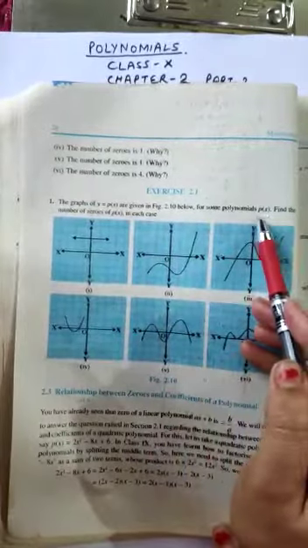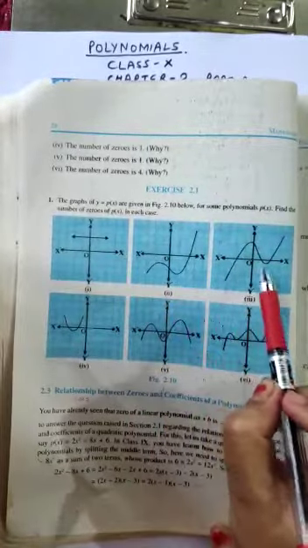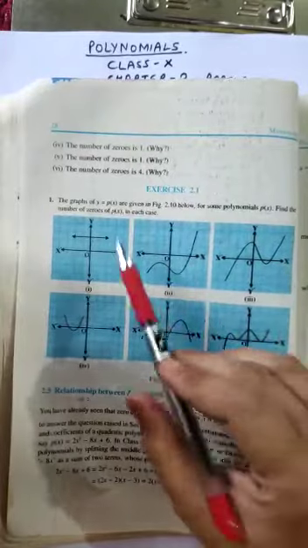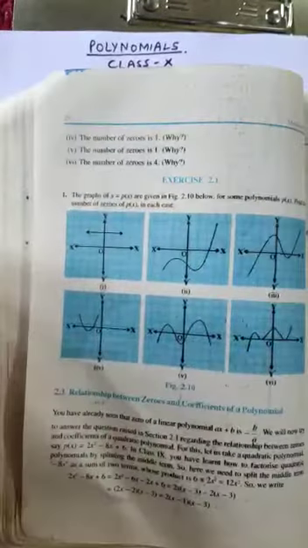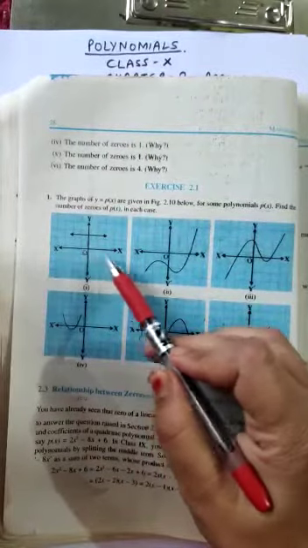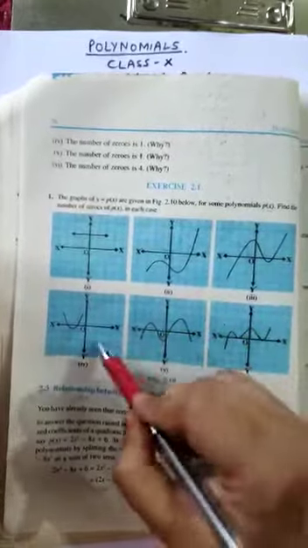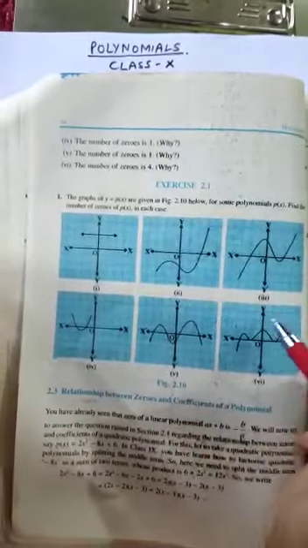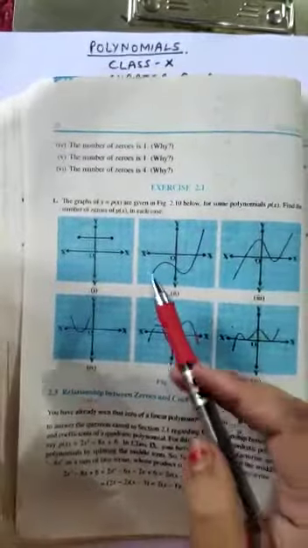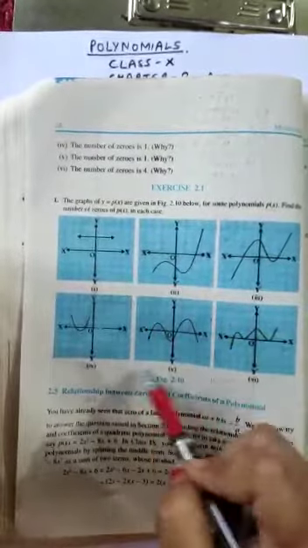Now the polynomial is in x, so you have to check how many cuts there are on the x-axis only. In the first, you have to check how many intersection points are on the x-axis, then second, third, fourth, fifth and sixth. This is your homework. You have to solve all these parts. Only 6 parts are there.